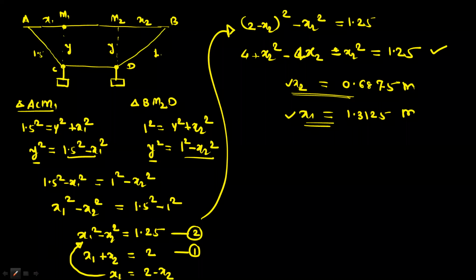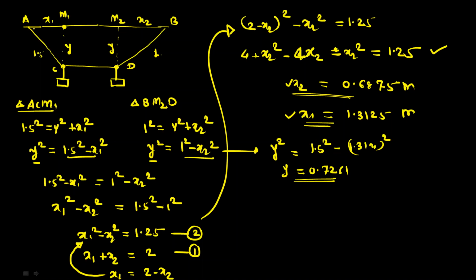From this find the y distance. 1.5 square minus x1 square, with x1 as 1.3125, gives y square, so distance y is equal to 0.7261.